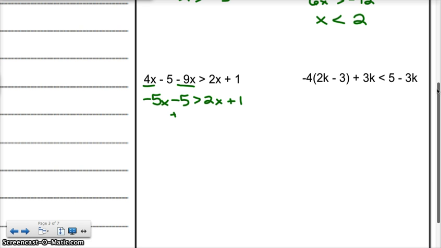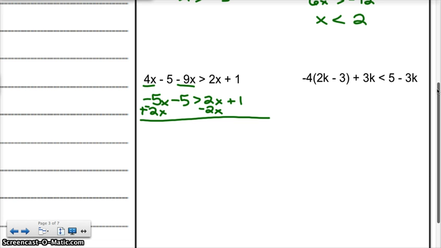Add 5. Add 5. I guess, wait, what was step 3? It was to move the variable to one side. It really doesn't matter if I added 5. I'm going to erase it, though. I'm going to follow the steps. Take 2x away. Take 2x away. That's plus a negative 2.